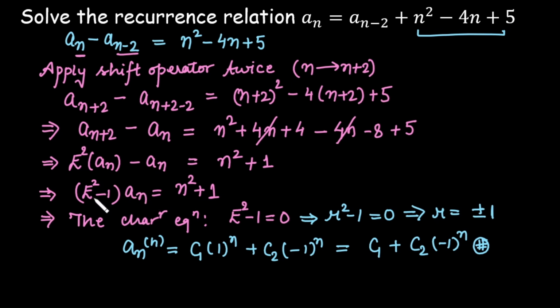But for non-homogeneous, we will take this operator form in the denominator. So we can write a_n is equal to 1 upon E square minus 1 times (n square plus 1). This bracket is very important because this operator is going to multiply with both the terms.